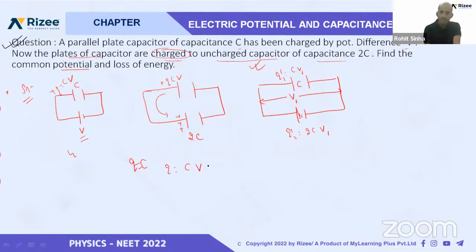It will be equal to the final charge: Q is equal to CV1 plus 2CV1. That means common potential V1 is equal to CV by 3C. C gets cancelled on both sides, and we get V by 3. That means the final potential will be V by 3.